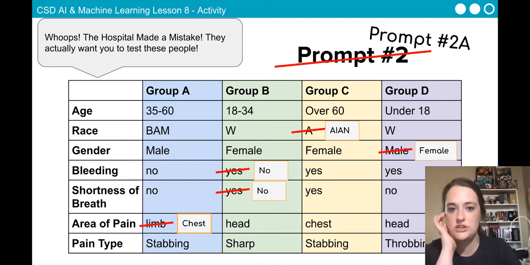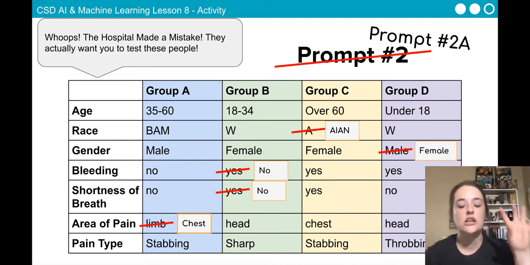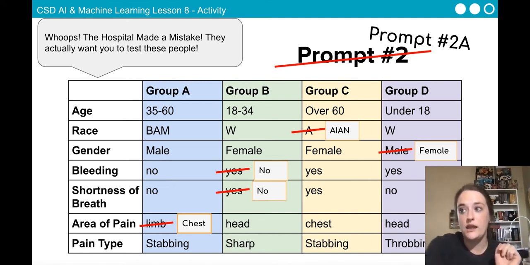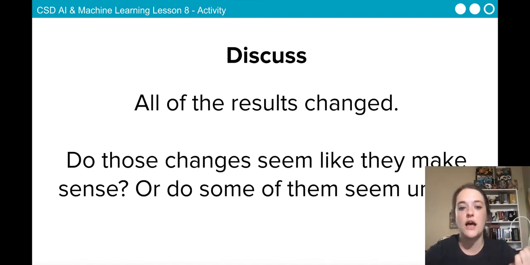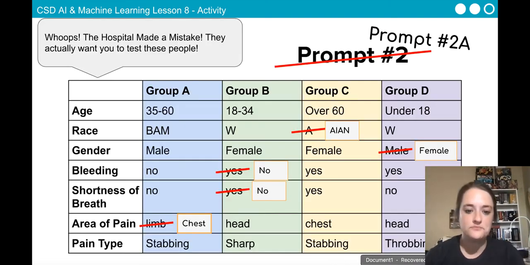So what you can do for your discussion board, put your results for prompt number 2, and then put your results for prompt 2A, and then put whether or not you feel like those changes make sense or if they seem unfair, okay?